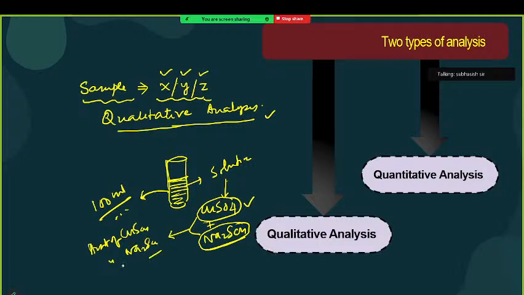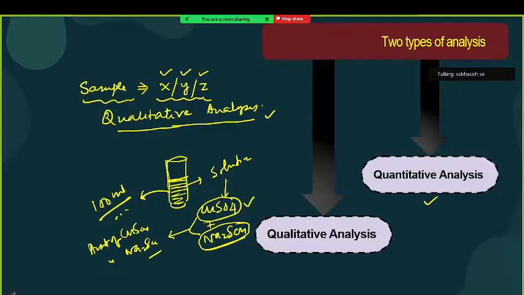When you determine the amount of a particular salt in a mixture, or a single salt in a solution, that type of analysis is known as quantitative analysis. So what is the basic difference between qualitative and quantitative analysis?